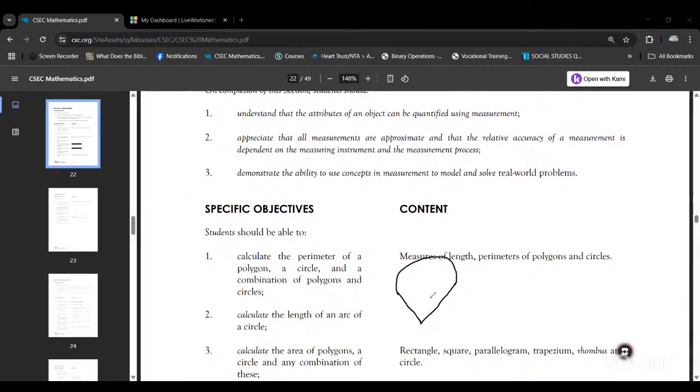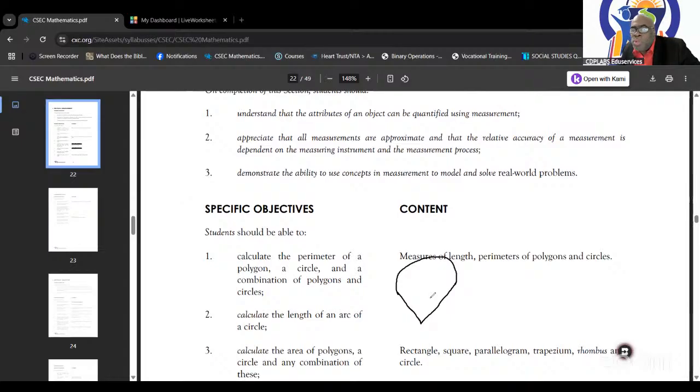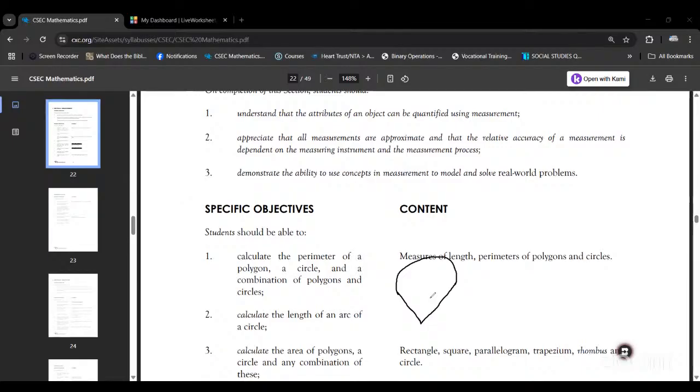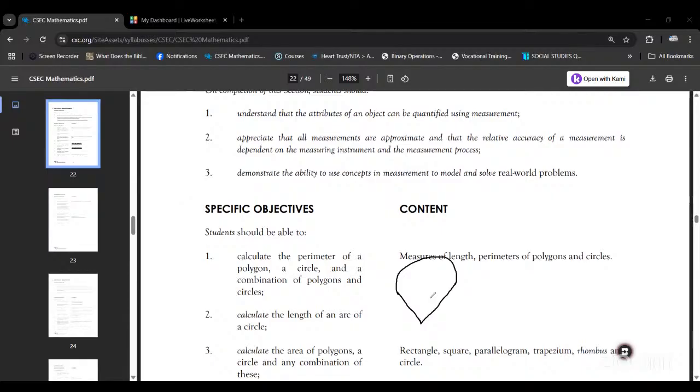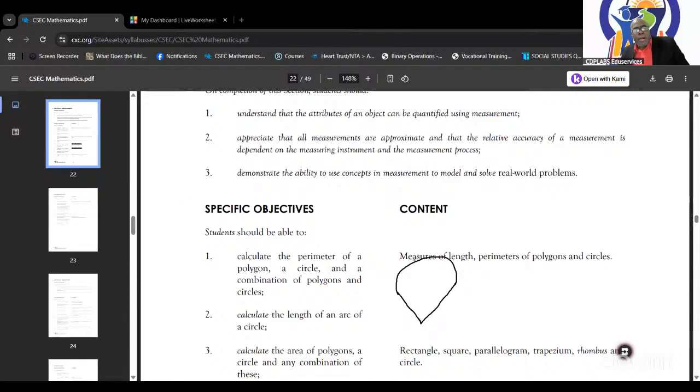Straight lines. Yeah, straight, but what's the name given to those straight lines there? If this is an arc, what do you think these two lines would be?